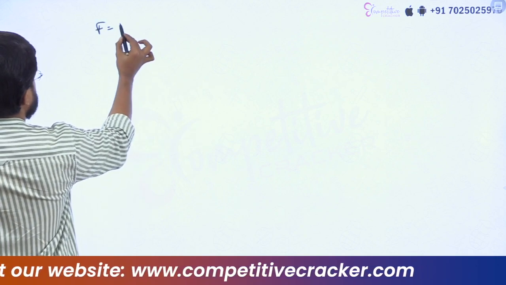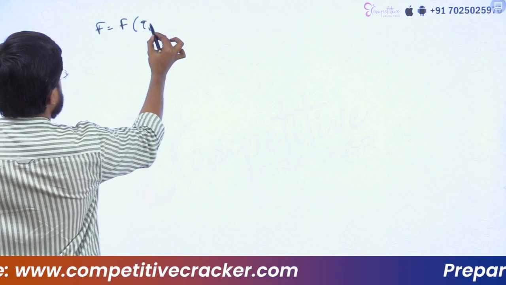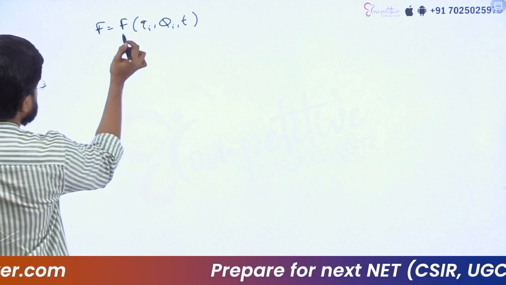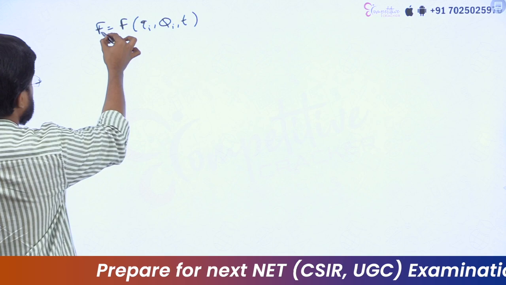So that means for F, here F is equal to F of q, Q, t. This you may have read as F1.